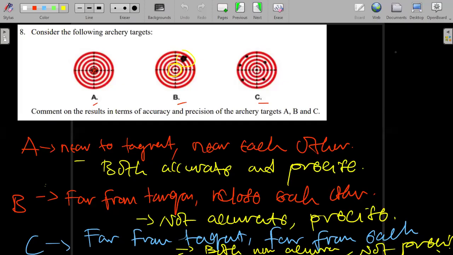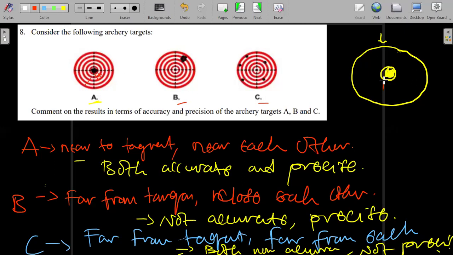Okay, so it's like this. I don't know if you know that game of darts. If you have something stuck on the wall and it has a target where you have to hit, you throw your darts onto that target. So here on the first one, all the darts are going right at the center.